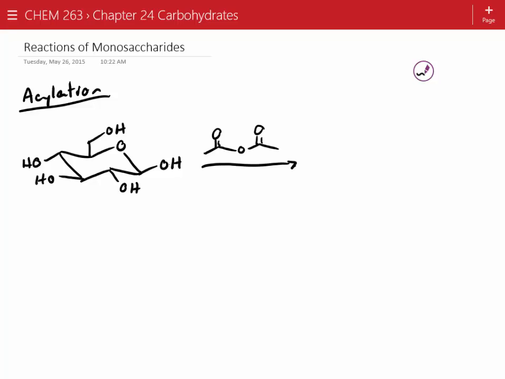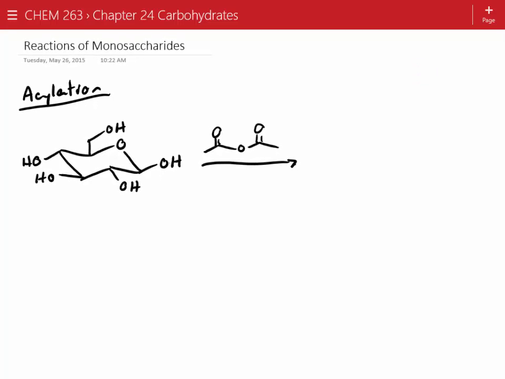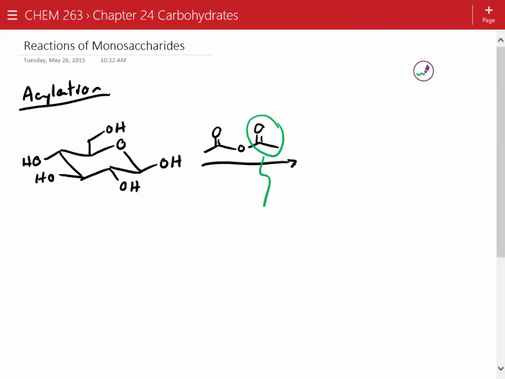What's this called? Yeah, acetic anhydride. So it's an anhydride, in this case a derivative of acetic acid. And in this case, we like to abbreviate these as Ac, just to cut down the amount of stuff we have to draw. So if you take acetic anhydride and you react it with D-glucose, what do you think is going to happen?